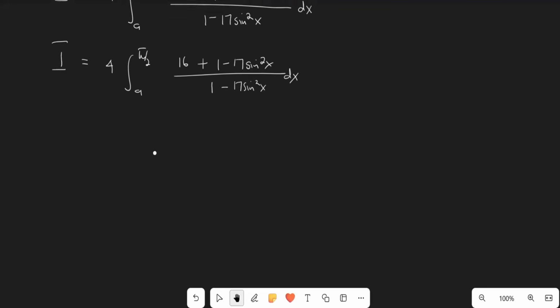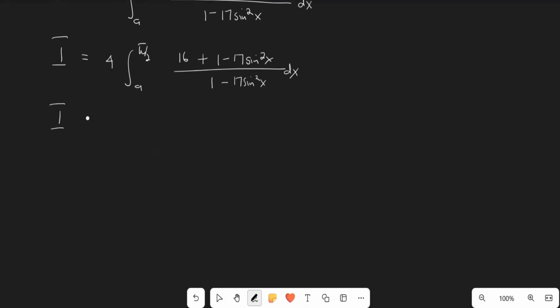Now I'm going to split this integral into two different integrals. I is going to be 4 times the integral from a to pi over 2 of, first one is 16 over 1 minus 17 times sine square of x dx.